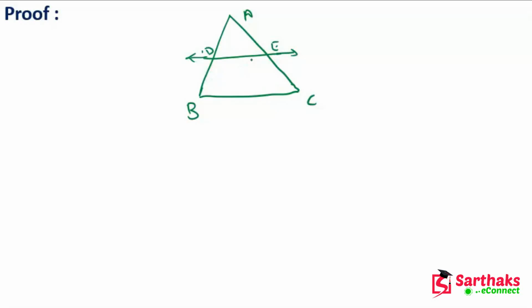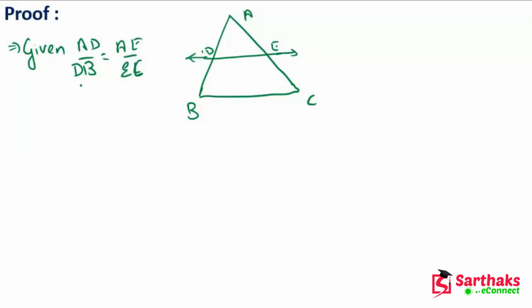What is given? AD upon DB is equal to AE upon EC. I hope you understand these things.